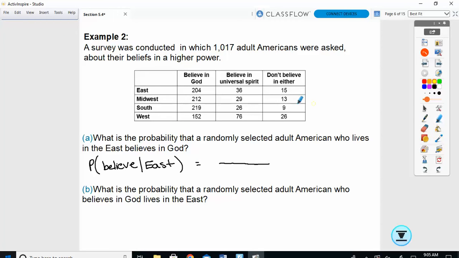So when I have that condition, that means the only thing I'm looking at now, it's no longer out of everybody. I'm only looking at the people in the East. So ignore the rest of the table. My denominator is the number of people that live in the East. So if we add those up, 255. Okay, out of those, how many said they believed? So 204 out of 255.